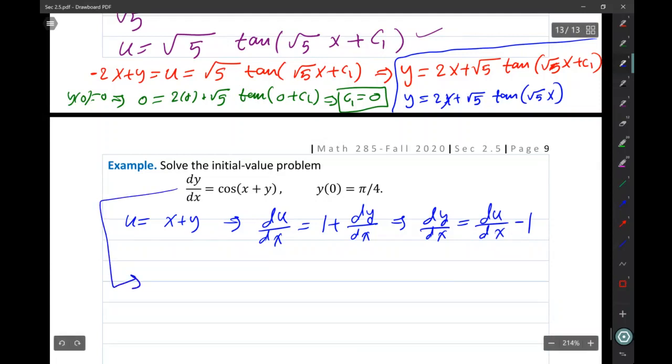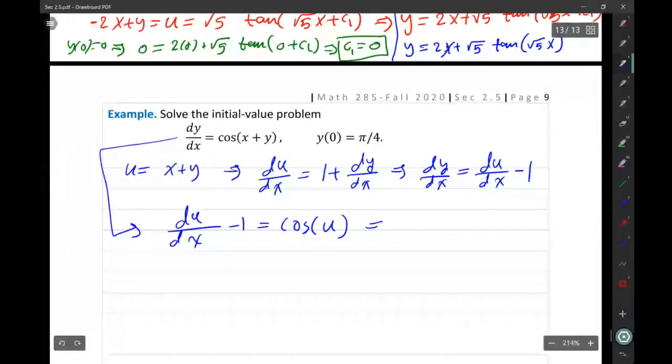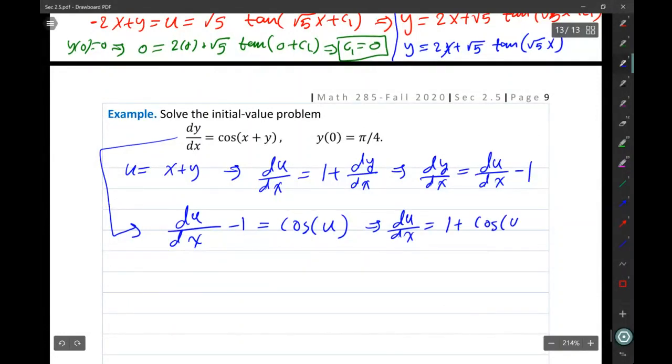So this equation now becomes du by dx minus 1 is equal cosine u, which implies du by dx is equal 1 plus cosine u.